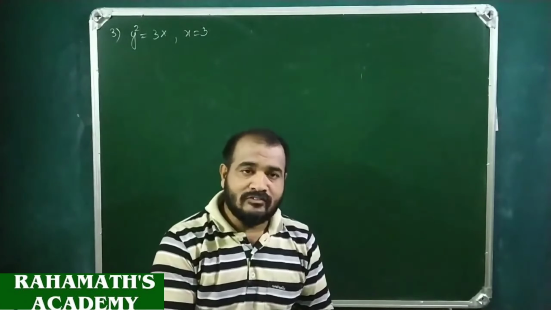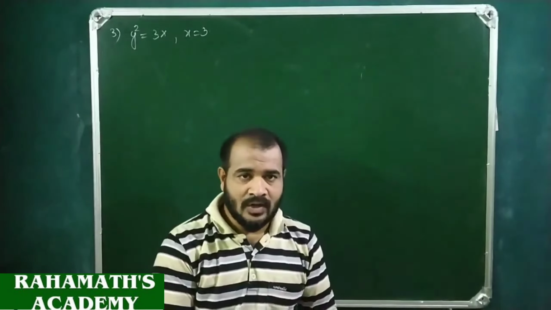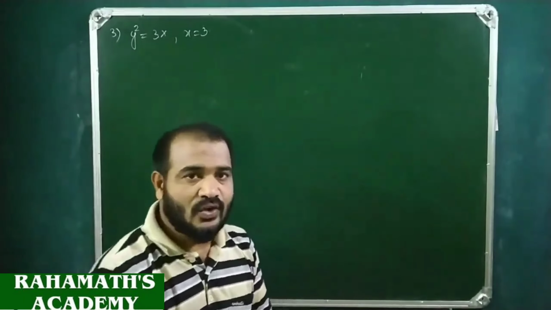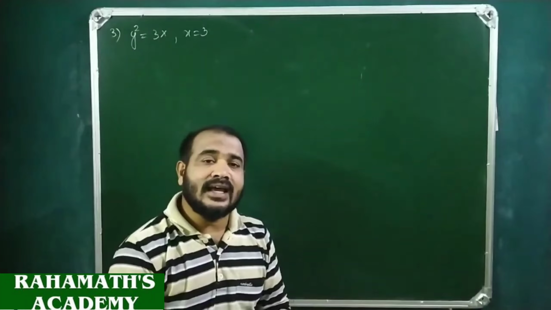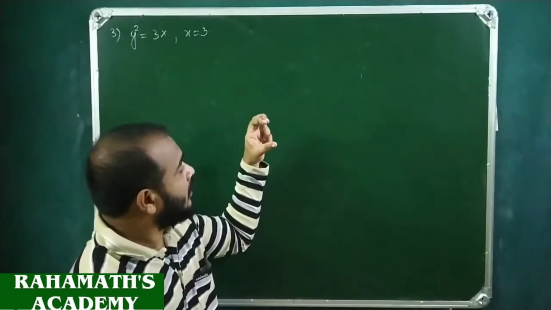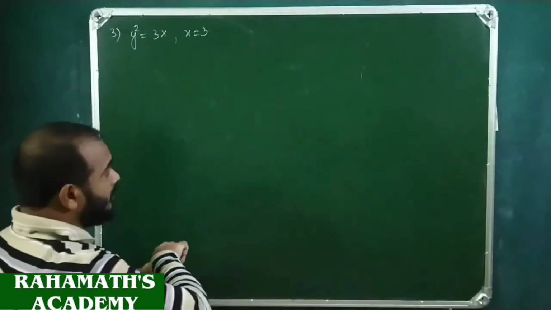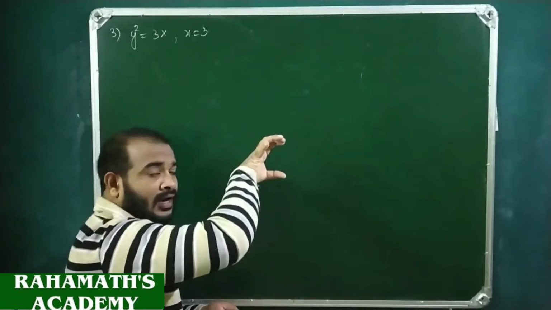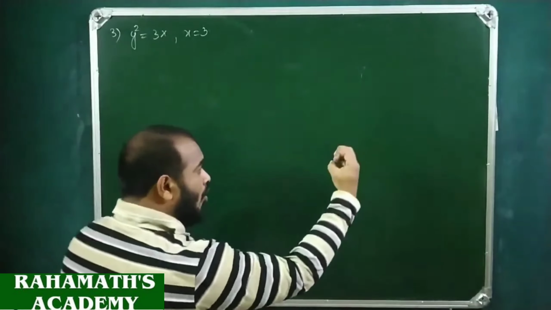parabola whose vertex is at the origin. Y power even, symmetric about the x-axis. So the x-axis is acting like a mirror, which means it could open to the right-hand side or the left-hand side.